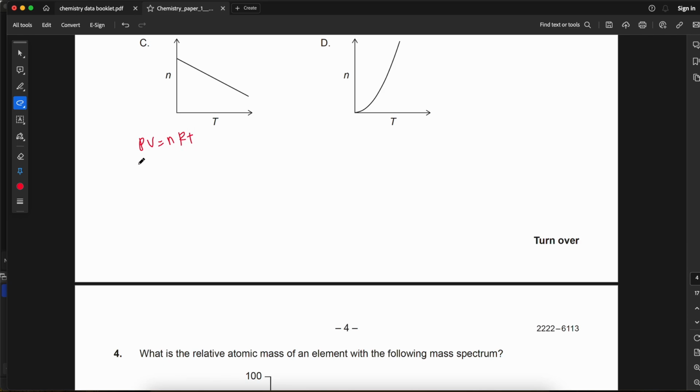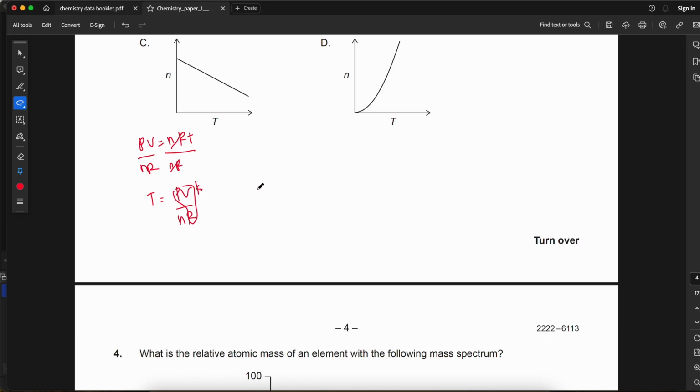We divide PV by nR, and we divide the other side by nR as well, so this will cancel, so T will be PV divided by nR. R is always a constant, and based on the question, P and V are also constant, therefore this is a K.